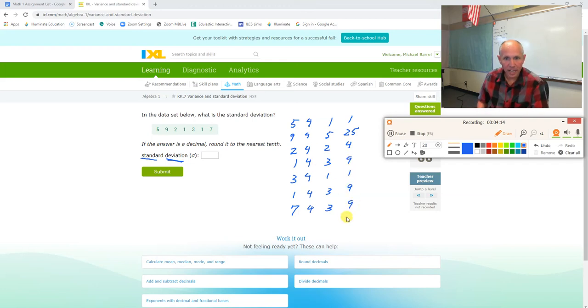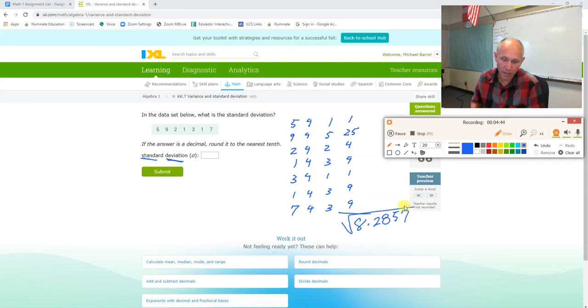Find the average of that, which is the variance. 1 plus 25 plus 4 plus 9 plus 1 plus 9 plus 9 divided by 7. Okay, that's 8.2857. Okay, don't round it yet.